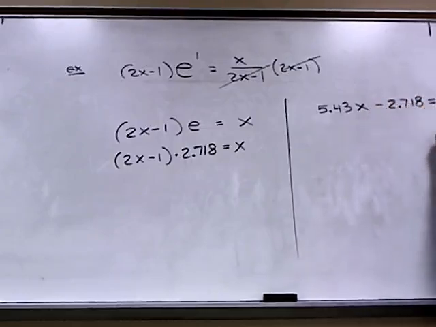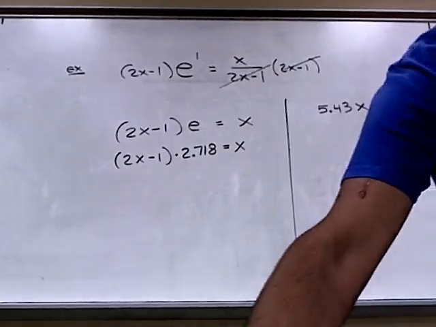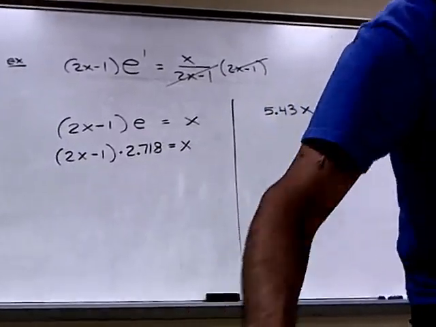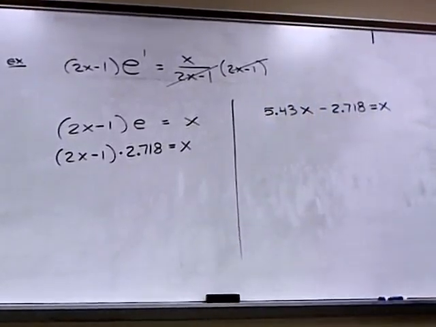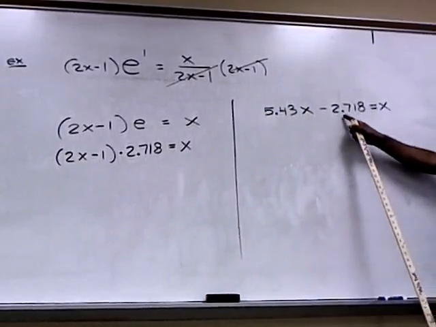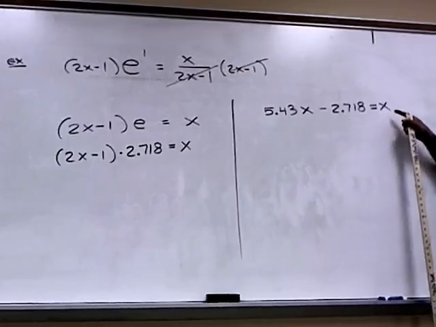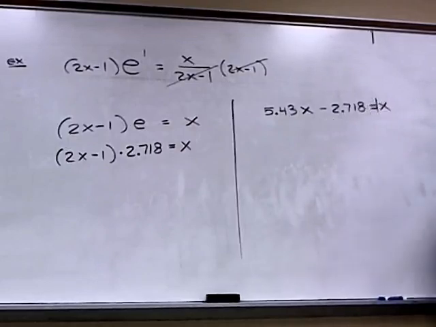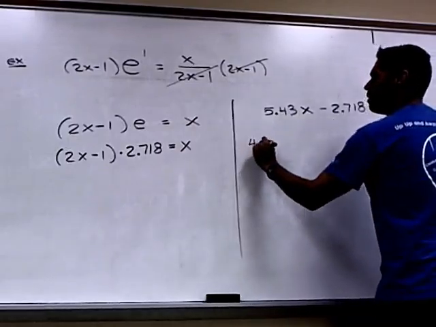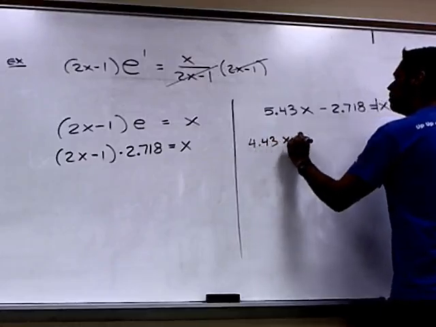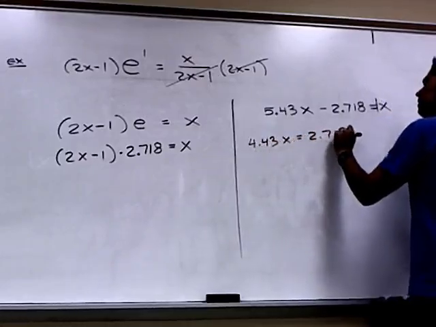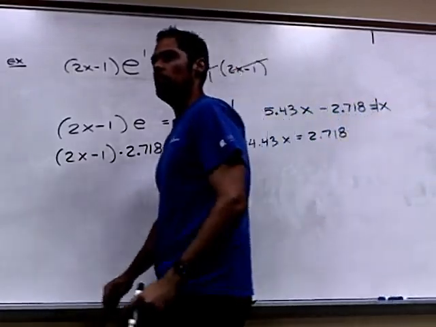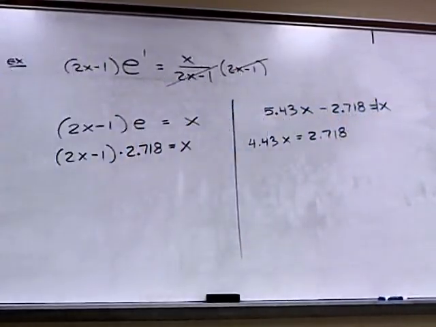That equals x. And then I can get this piece to the right. I can subtract x on both sides, right? This is like a 1x. So subtract 1x, I get 4.43x equals 2.718. And now divide both sides by 4.43 and we're there.